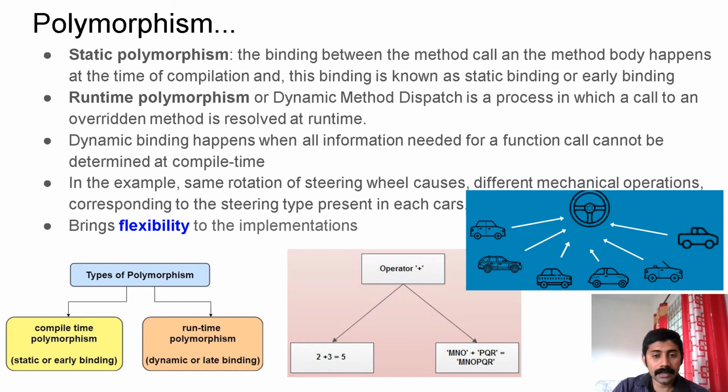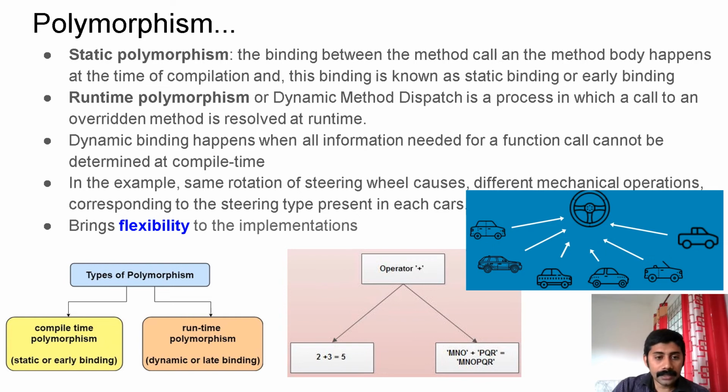In triangle, rectangle, circle, in all the three classes there are different implementations for the draw method. So at compile time you cannot decide which draw method has to be invoked. So the decision of the function body which has to be invoked will happen only at runtime. That is runtime polymorphism or late binding.